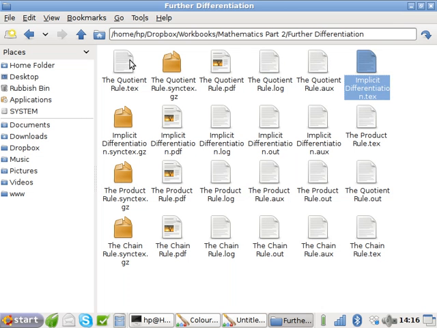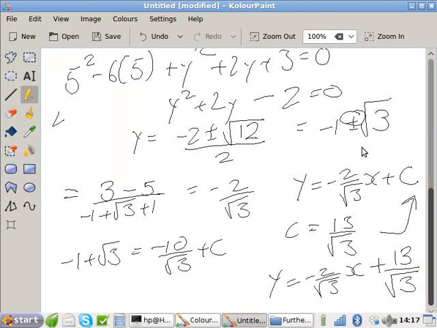While I'm just fixing that, have a look now. We're moving on to a new chapter. We're going back to integration. Can I remove this?